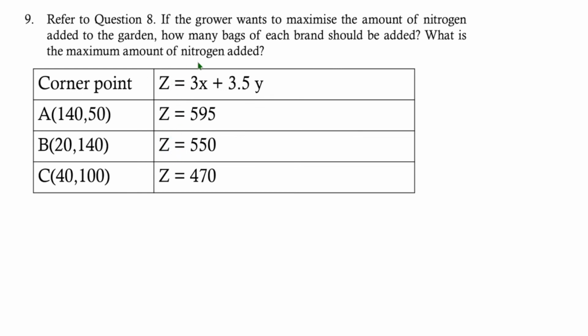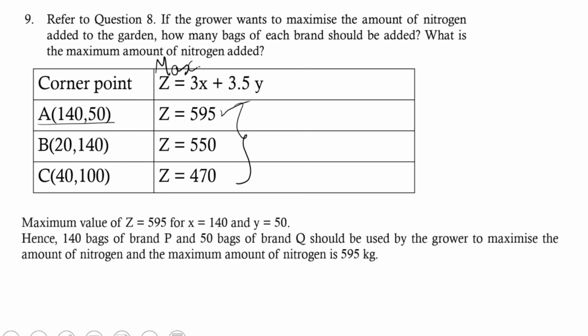Here what they have asked? They have asked what is the maximum amount of nitrogen added. That is, here our objective function is maximize Z is equal to 3x plus 3.5y. Among these, the maximum value of Z is 595 and occurs at A 140, 50.